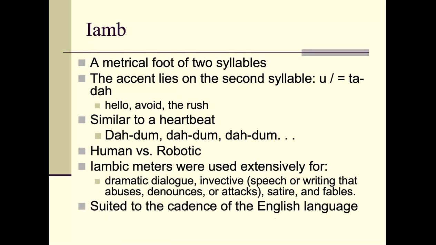It's really well suited to the cadence of the English language. These iambic rhythms, especially iambic tetrameter and pentameter, which Shakespeare uses quite a bit, are preeminent meters of English verse. So it works well. And then every so often, you'll have other types of feet substituted to add variety along with the iambic verse.